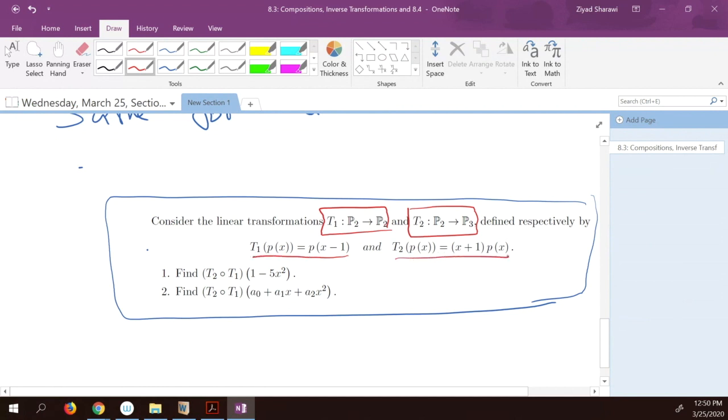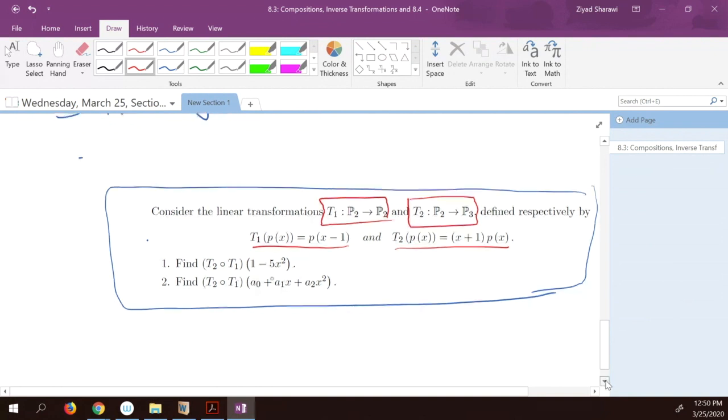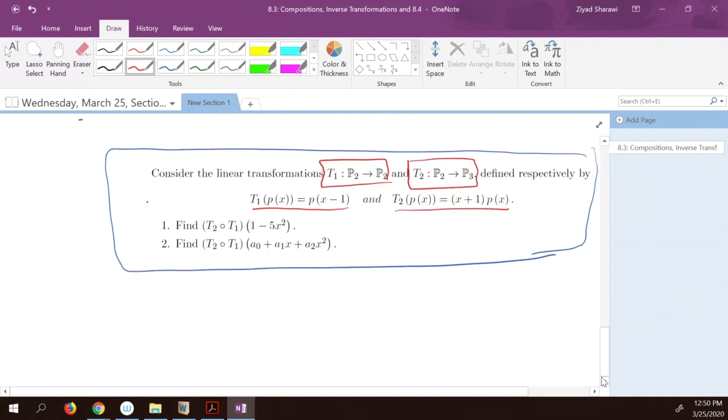So we have here two linear transformations, one of them from P2 to P2 and one of them from P2 to P3. Okay, and this is the formula of T1, this is the formula of T2.